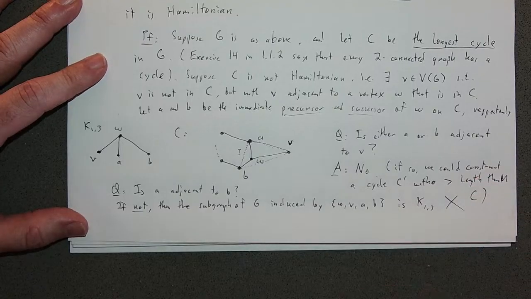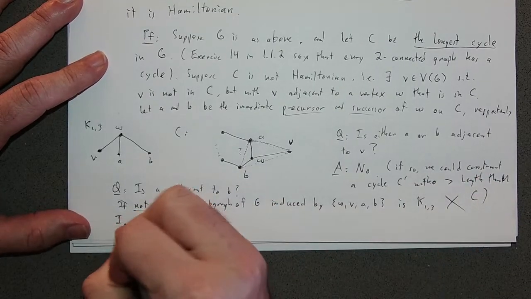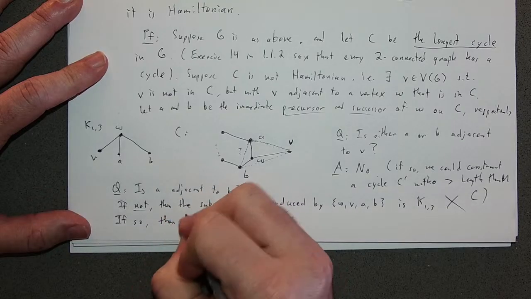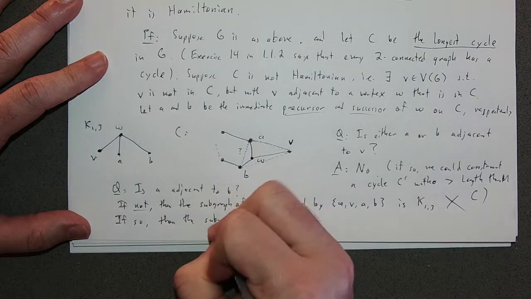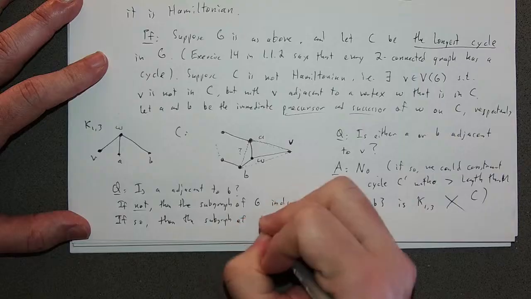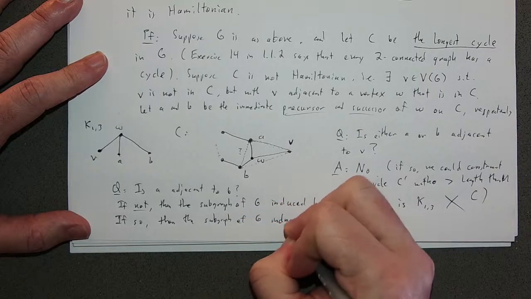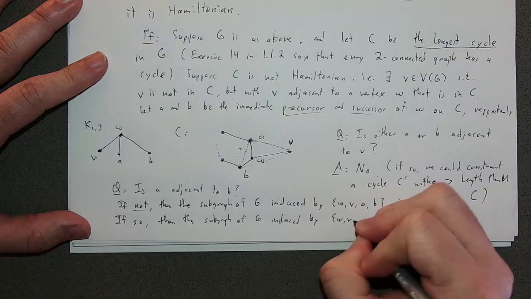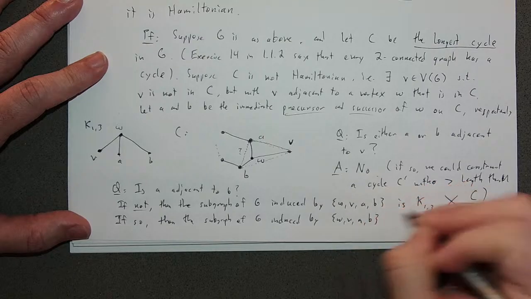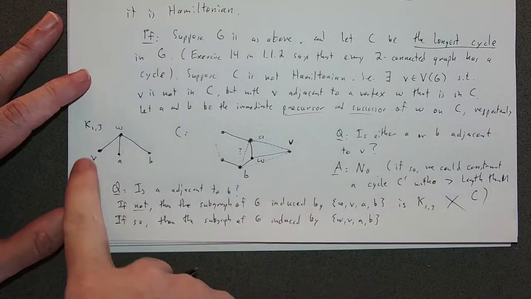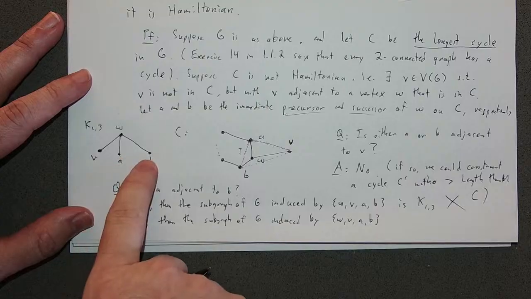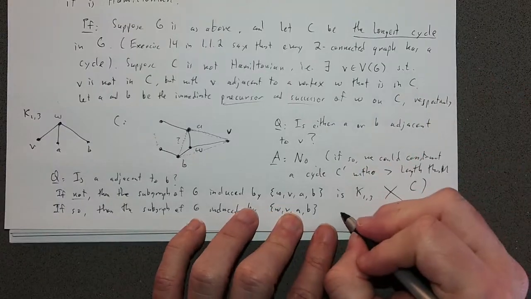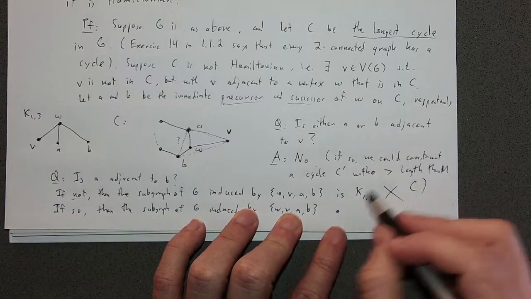So that can't happen. If so, then the subgraph of G induced by W, V, A, B is one where V is not adjacent to A and B, but A and B are adjacent. So I'm going to draw this graph as follows.